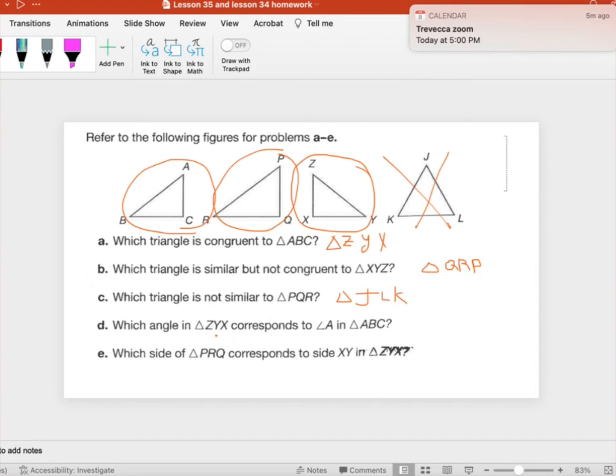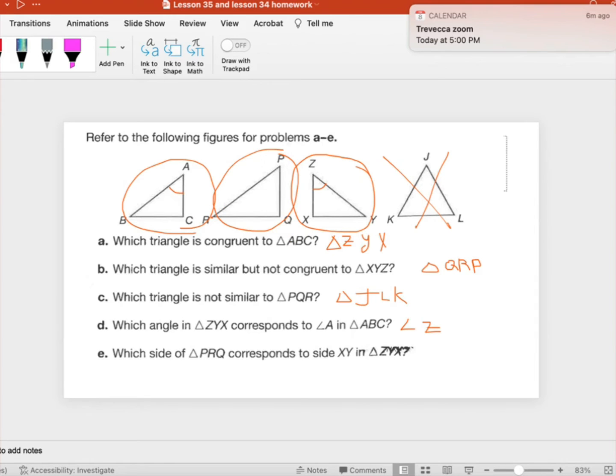Which angle in ZYX corresponds to angle A in ABC? So angle A is here, and that one corresponds to Z right here. So we're going to say angle Z. Which side of triangle PRQ corresponds to side XY?